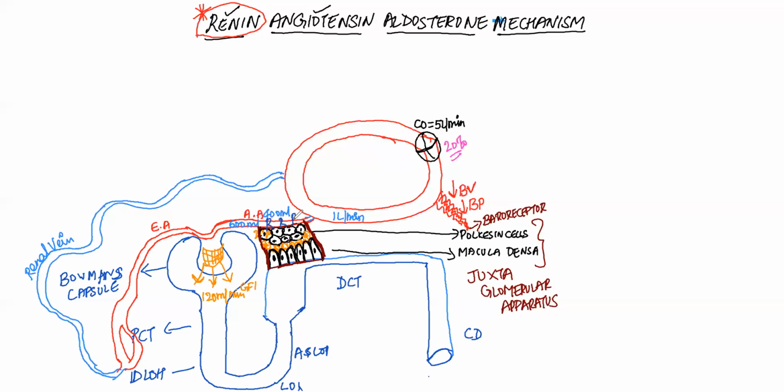So renin is released from these cells. All right. Now this renin flows through the efferent arteriole, through the peritubular network, through the renal vein, and it enters the general circulation. All right. Now this is what happens.